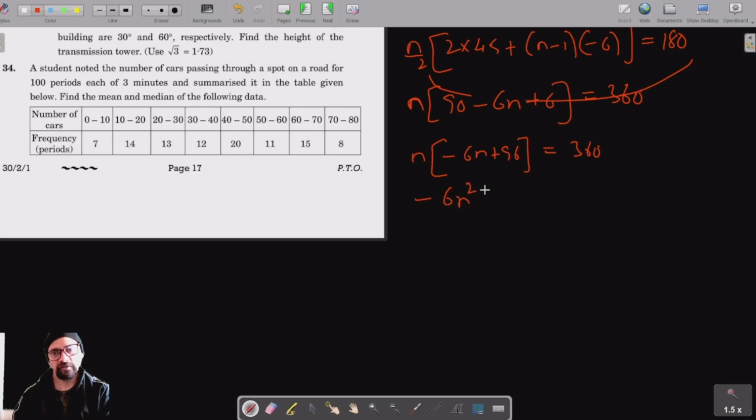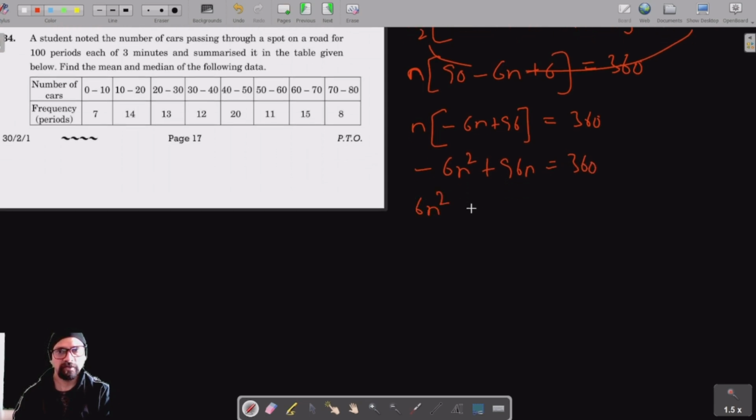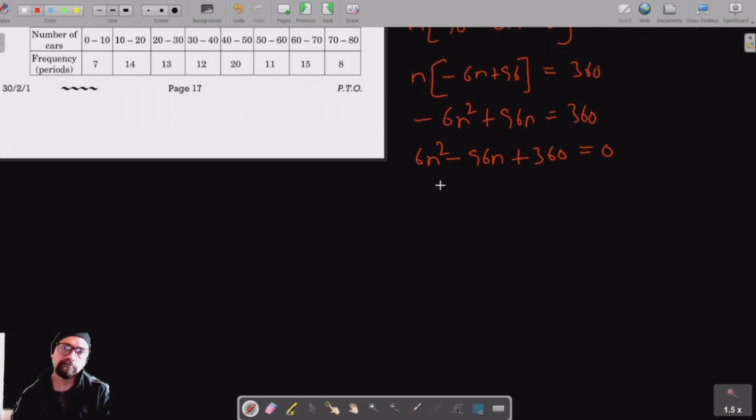This is minus 6n square plus 96n equal to 360, which can be written as 6n square minus 96n plus 360 equal to 0. So 6 is common, which gives n square minus 16n plus 60 equal to 0.